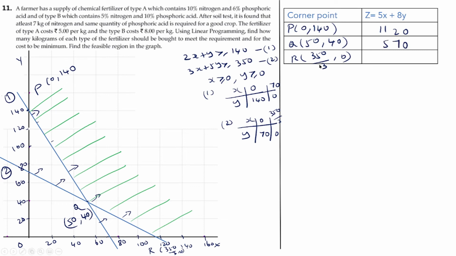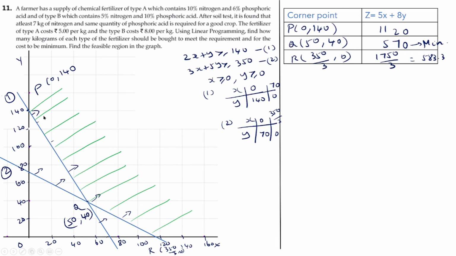Next, when x is 350 by 3 and y is 0, we get 1750 by 3, or it is 583.33. So this is the minimum value. So the minimum value of z is 570 for Q 50, 40.